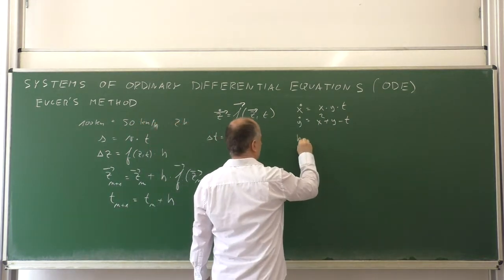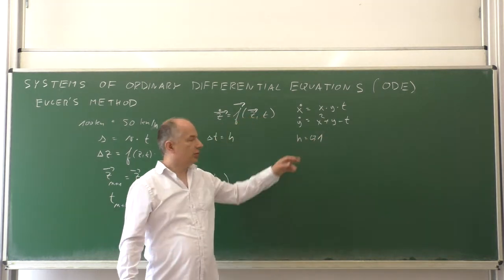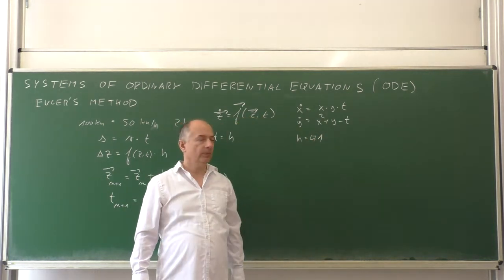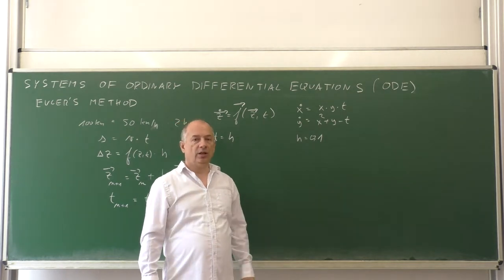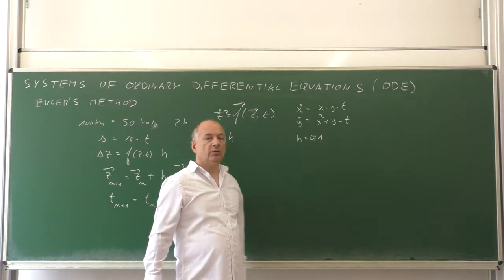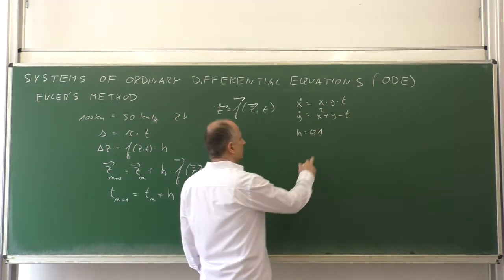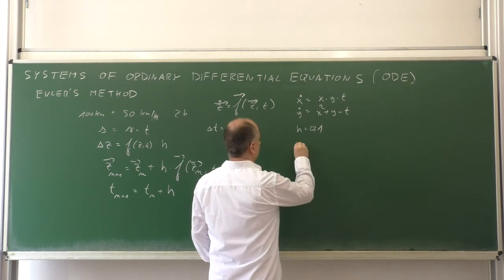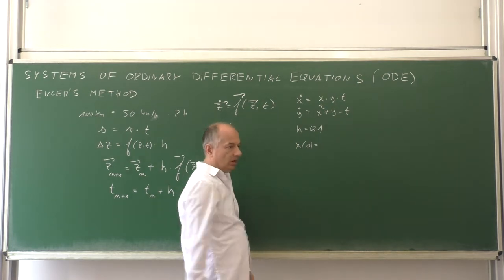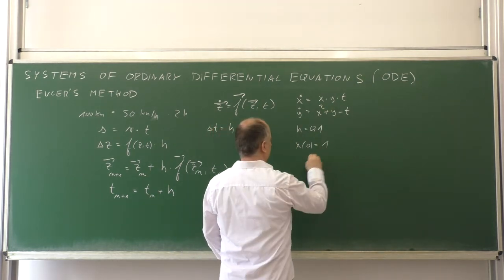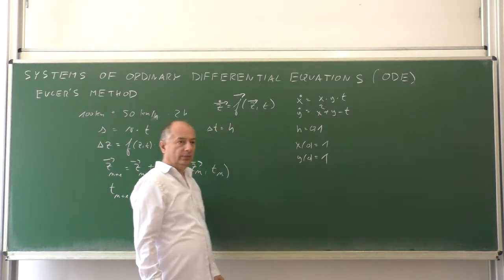Let's take h being 0.1. This is usually some small number. The smaller the value, the more precise the results, but the longer the time of computation. And we need some initial condition. Say x(0) will be 1, and y(0) will be 1 as well.